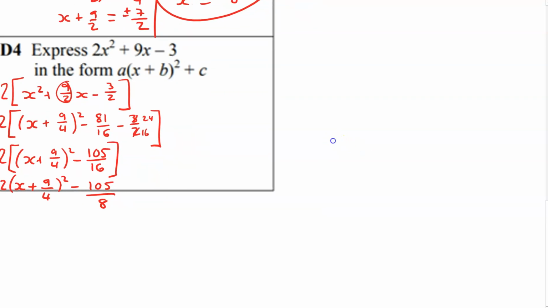I'm going to do this over here because I need a bit more space. So we're going to make that equal to 0 and solve it. So x plus 9/4. I'm going to add the 105/8 onto the other side. Divide through by 2.